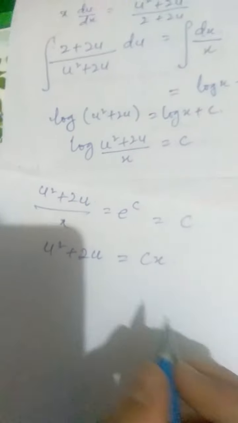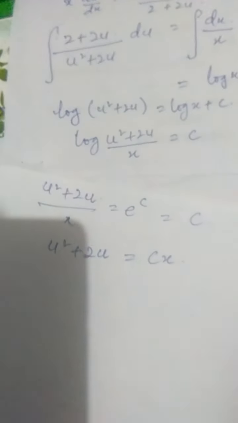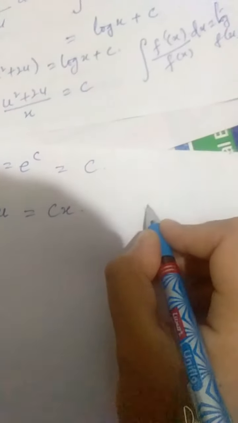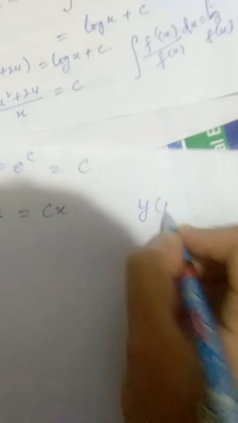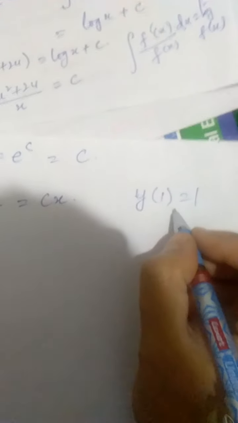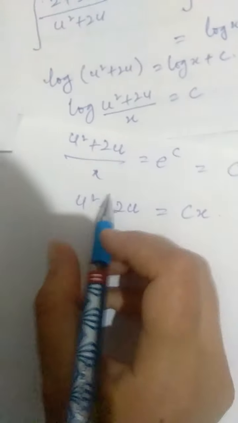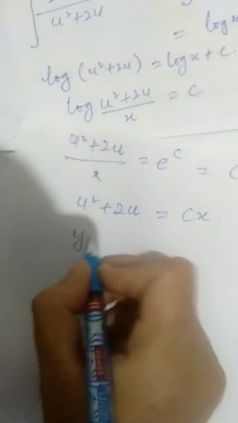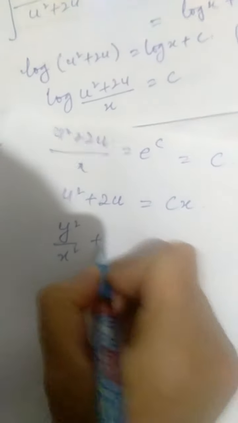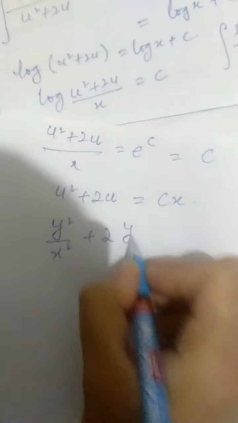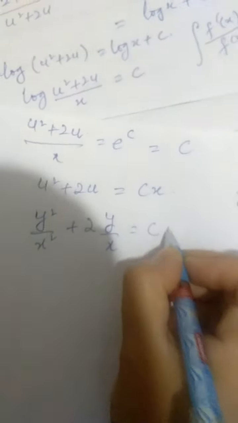Cx. Now you have been given an initial condition in the question, that is y of 1 is equal to 1. That is, whenever the value of x is 1, y is also 1. So we can substitute that here. For u square you can again write y square by x square plus 2, and for u again you can write y by x, equal to Cx.